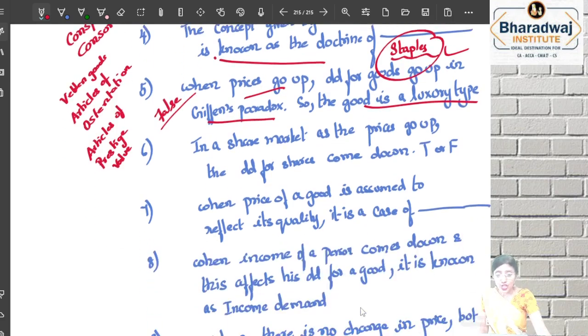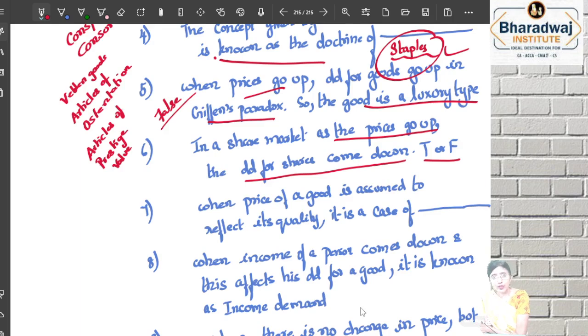Okay, in a share market, as the share prices go up, demand for shares comes down. True or false? False. Why? Price increases, the demand for the share goes up. That's the statement given here.